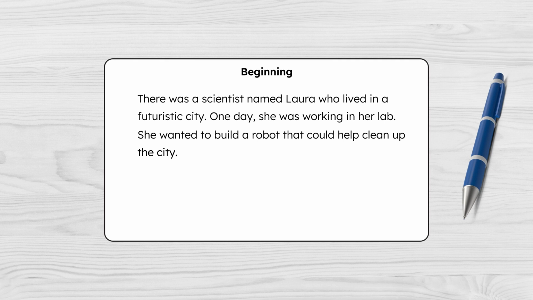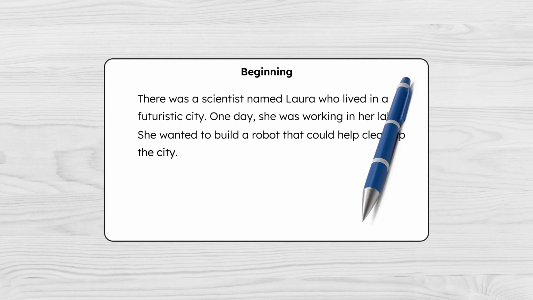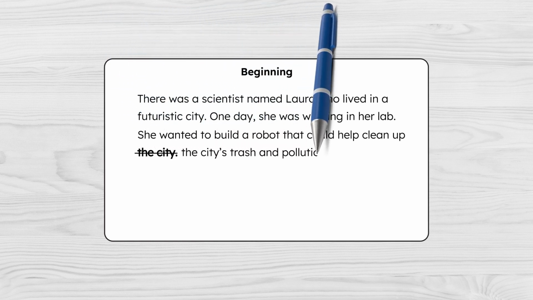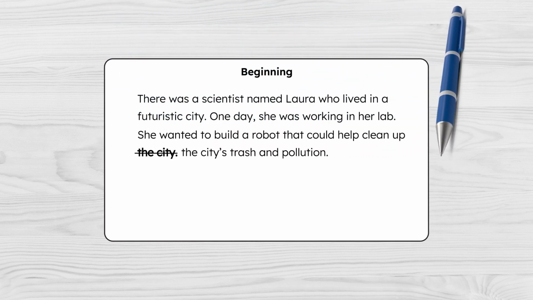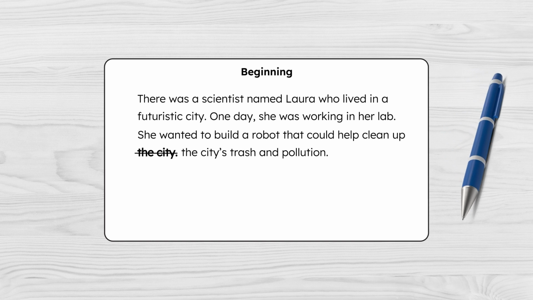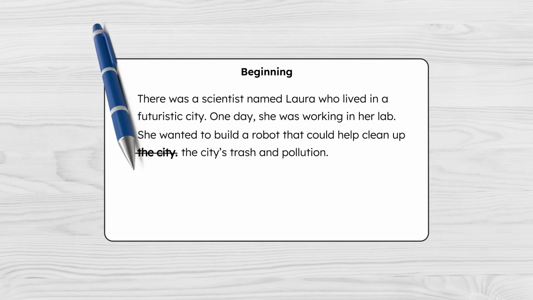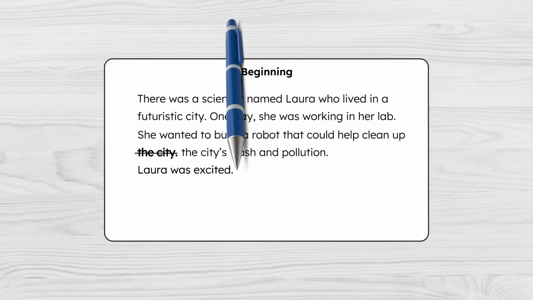How can we be more specific about how the robot helps clean the city? I'll add, clean up the city's trash and pollution. When we write rough drafts, we can add or remove details as we go. Now for the last part. I want to say how Laura was feeling, so I'll write, Laura was excited.